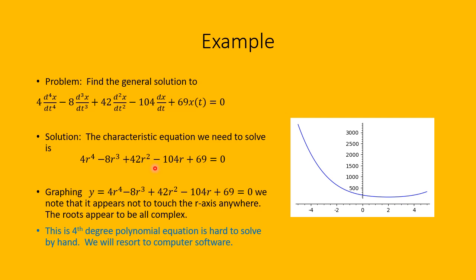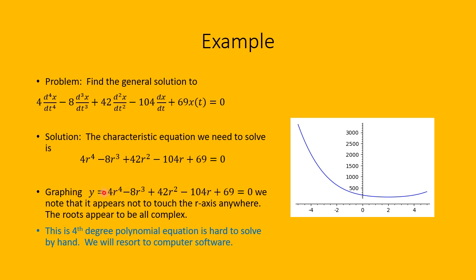There actually is a bunch of formulas for what the solutions to a 4th degree polynomial equation are, but they're very complicated. Almost nobody uses them these days. So what we're going to do is to try to find out what the solutions are to the characteristic equation by using computer methods. We're going to use Sage Math.